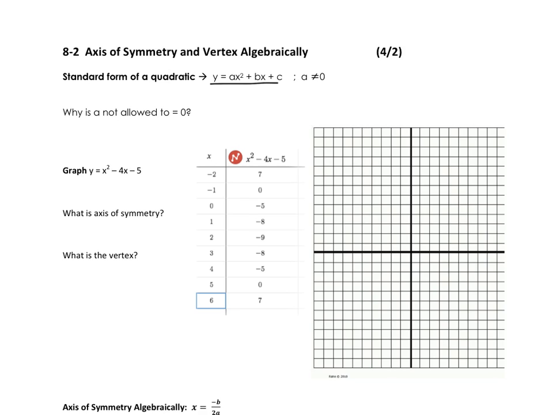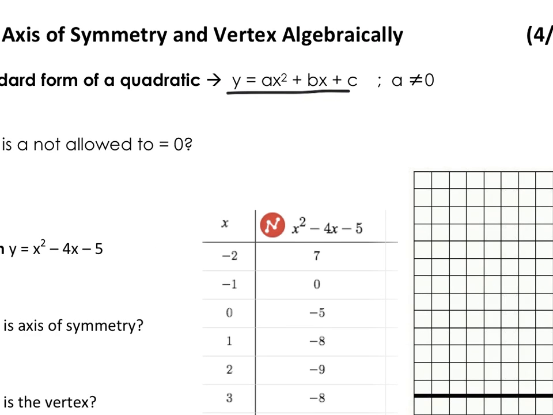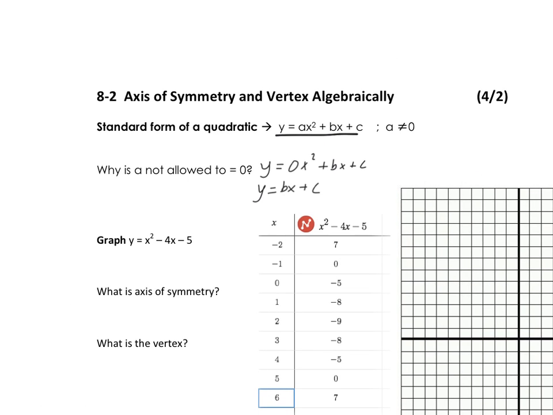So for instance, the first question states, why is a not allowed to be 0? Well, if a was 0, then we would have y equals 0x squared plus bx plus c. We never write the 0, so we would just have y equals bx plus c, which means we don't have an exponent, which means we don't have a parabola.